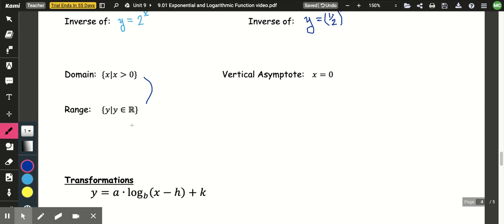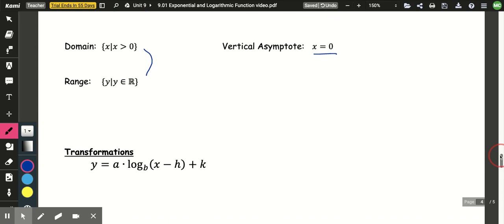With logarithms, it's the range. And this one has a vertical asymptote at x equals 0, which again goes along with the inverses also. To find an inverse, you replace x with y and y with x. So on the exponentials, we had a horizontal asymptote at y equals 0. On the logarithm, you've got a vertical asymptote at x equals 0.